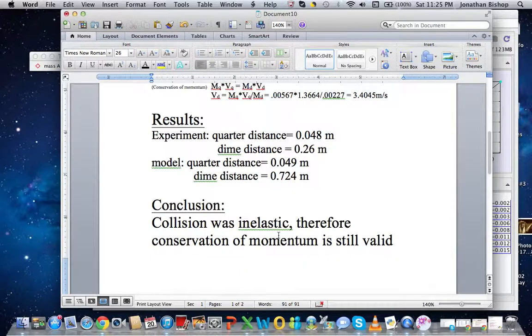What I'm trying to say is there was a change of internal energy which factored in, which gave the dime less velocity than what should have been expected, which should have been 3.4045 meters per second. Because of this change of internal energy, we did not get this velocity. So because of that, conservation of momentum is still valid.